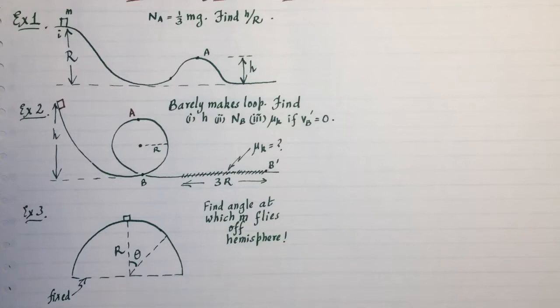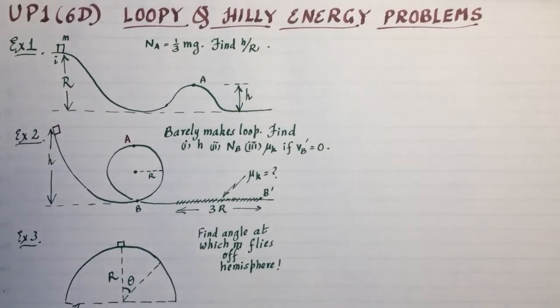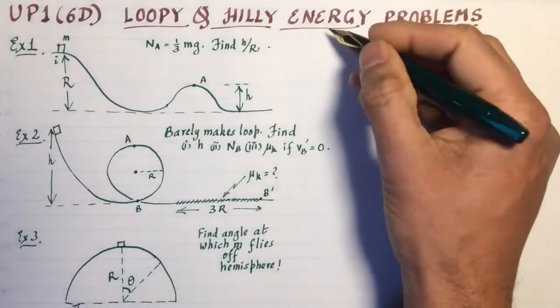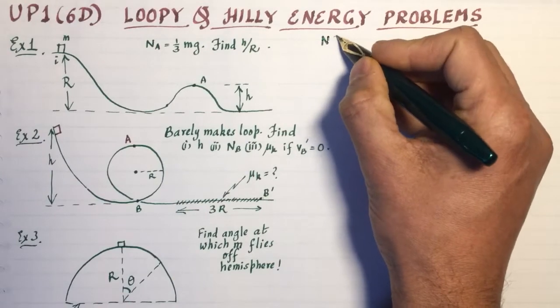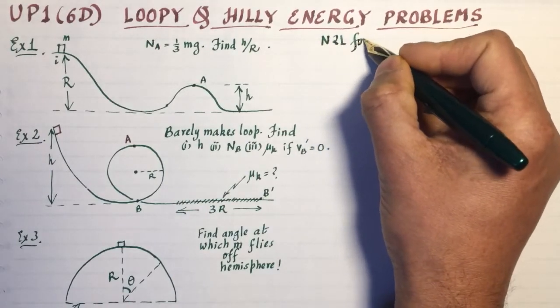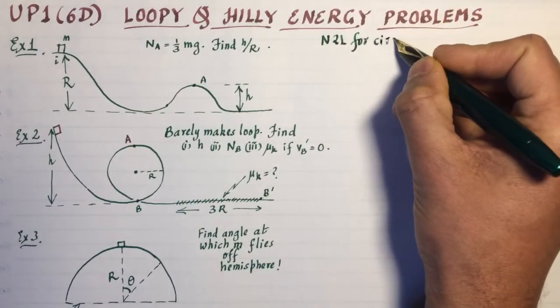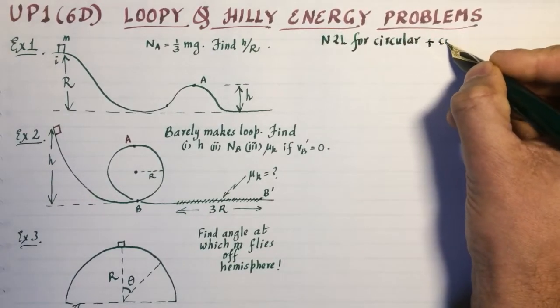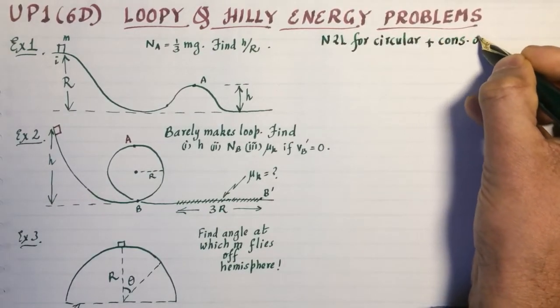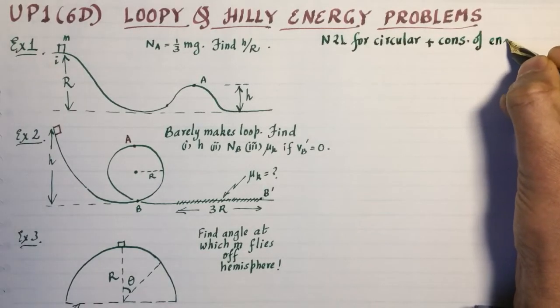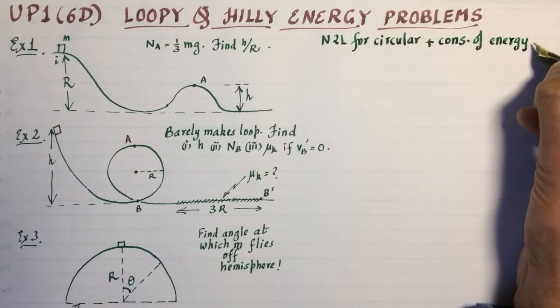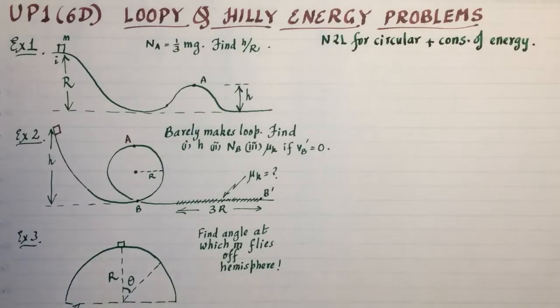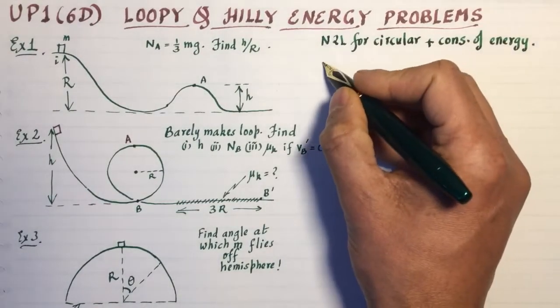All these problems share a common theme, and that is you need to combine Newton's second law for circular motion along with conservation of energy. So let's proceed by combining these two ideas and solving the problems.